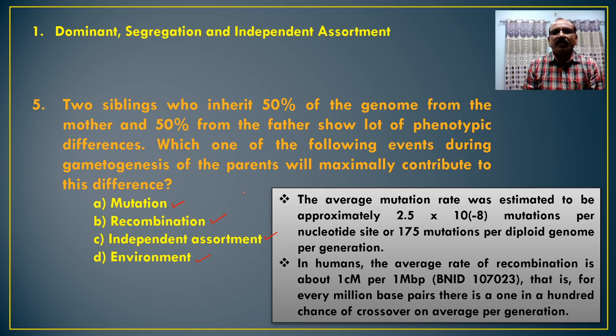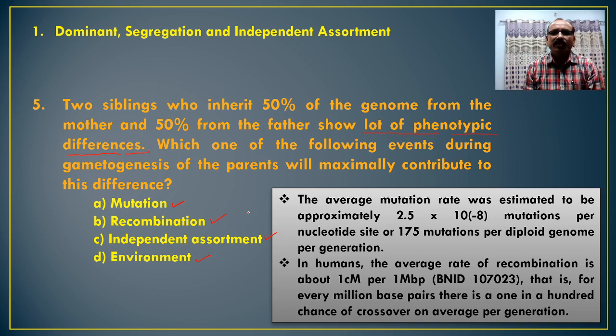But here it says a lot of phenotypic differences, so we should think critically, because mutation is responsible for variation, recombination is also responsible, independent assortment is also responsible, and even the environmental factor is also responsible.